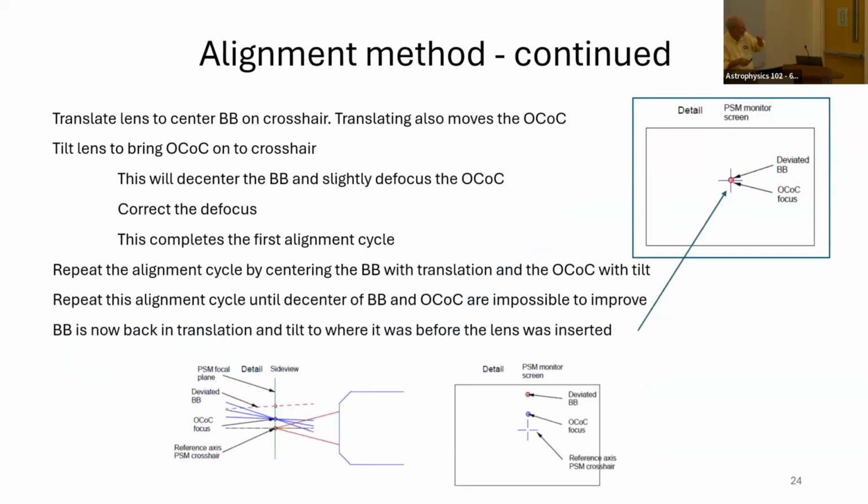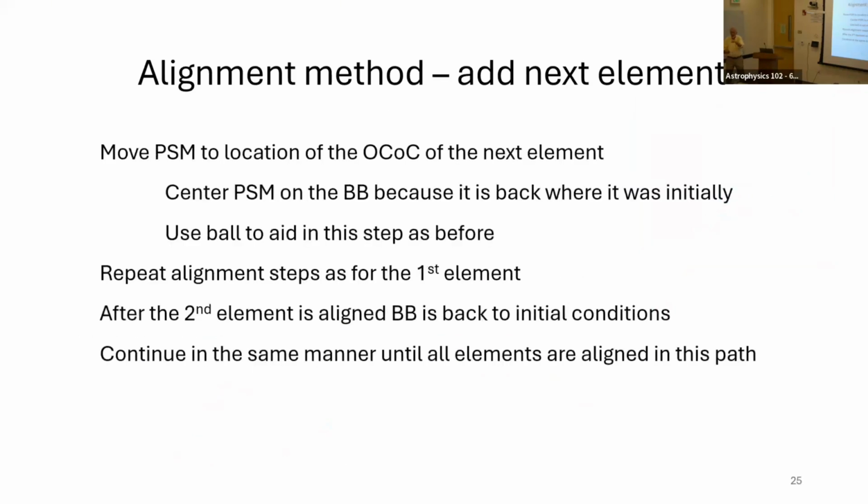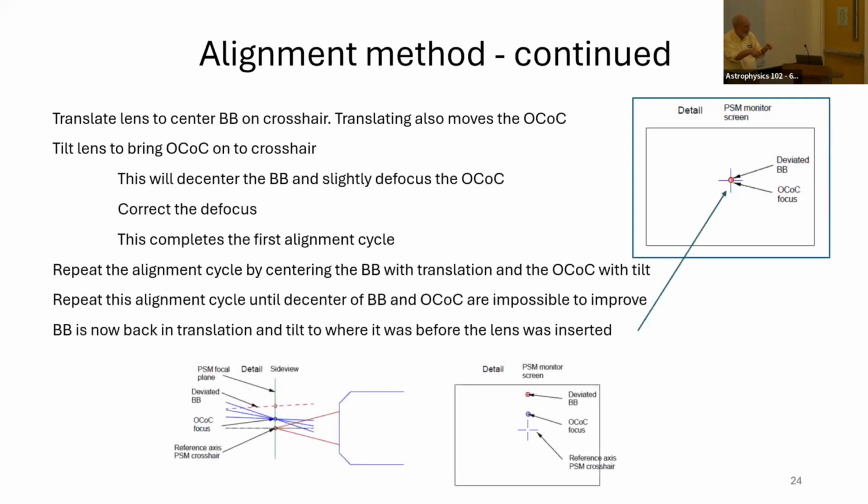Let me keep going, because there are a couple other things I want to get to before we finish up. So this kind of makes sense. All right. Oh, and then to your question: once you've done this and you get both spots on the crosshair, things look exactly like they did before you ever put the lens in there.